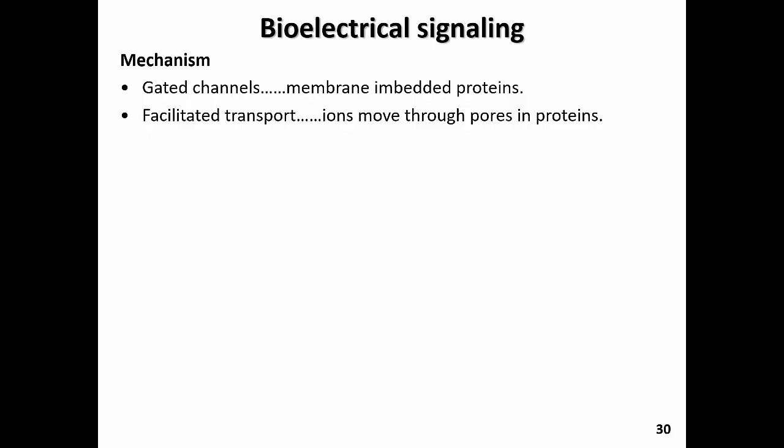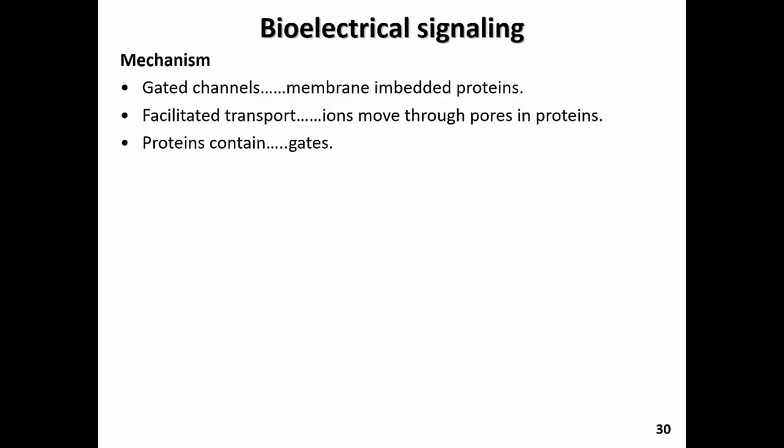This is a mechanism of facilitated transport, where the protein facilitates the movement of an ion into the cell or an ion out of the cell. What is needed for that is simply a concentration gradient. So when the protein opens up, that ion will move from a region of higher concentration to lower concentration.